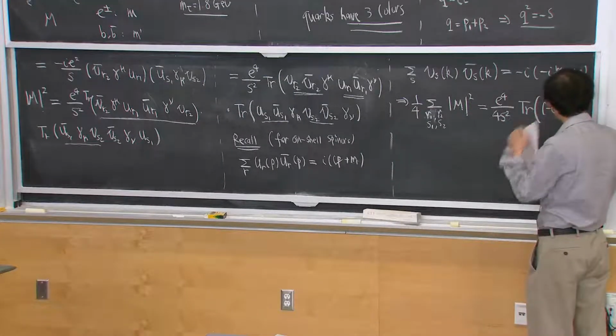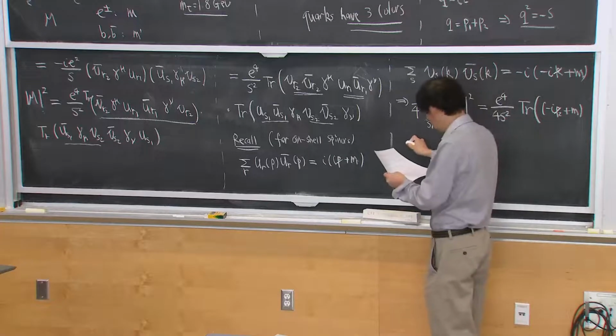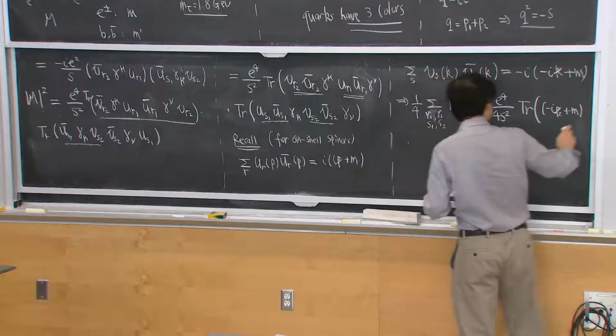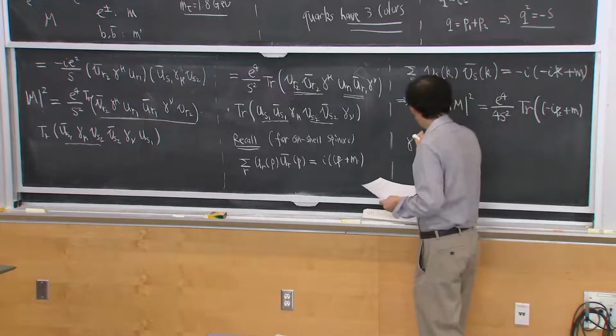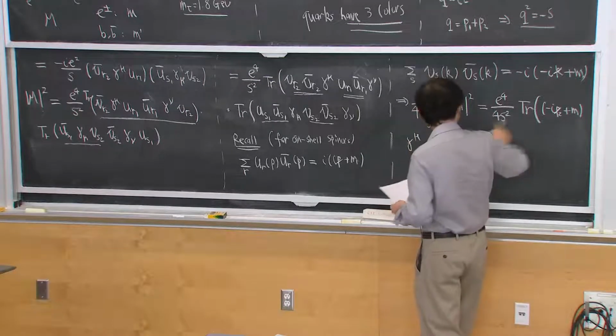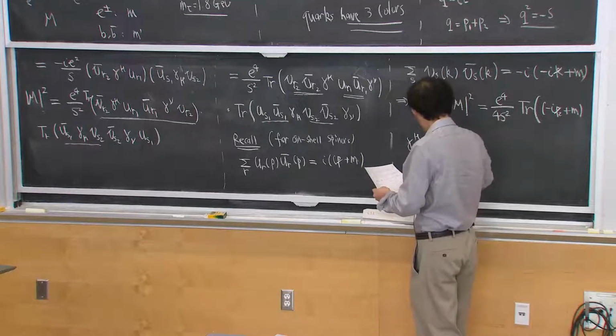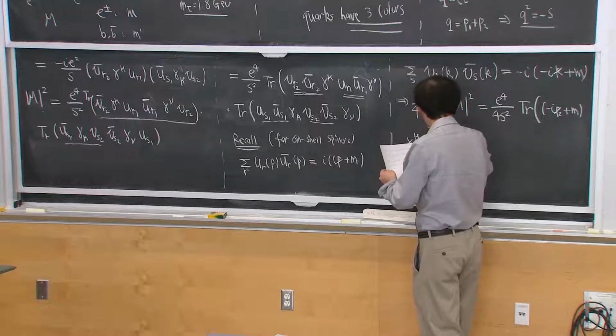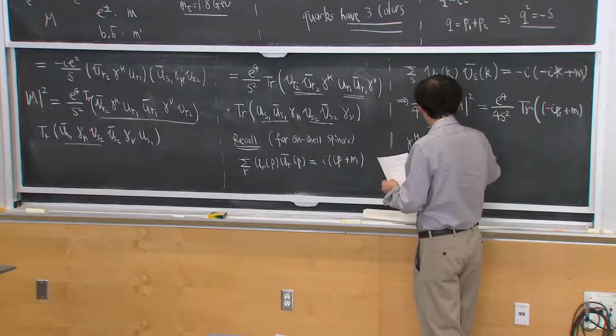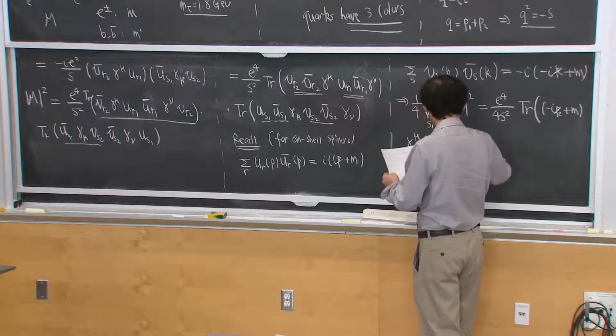Then I have this times gamma mu, still inside this bracket, I P1 slash plus M gamma nu.